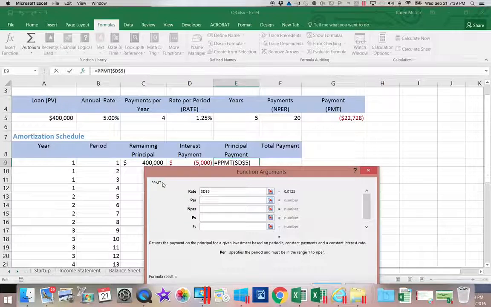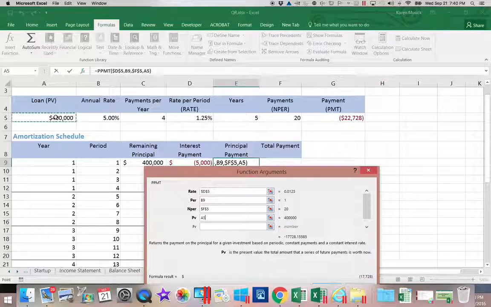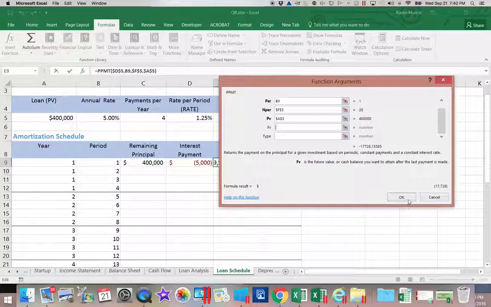I'm going to choose the period, leave it relative. The number of periods, that needs to be absolute. We'll add the dollar signs. And then finally, the loan balance, and we will add the dollar signs. Remembering to scroll down and make sure I haven't missed anything. And then I click OK.